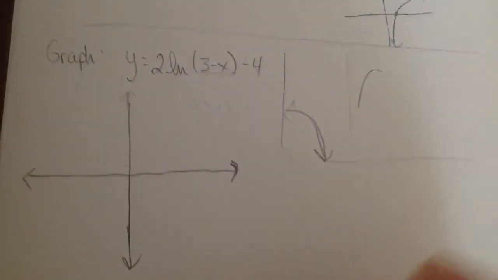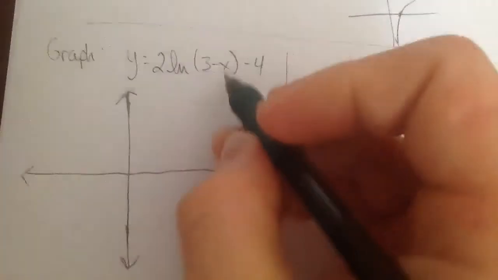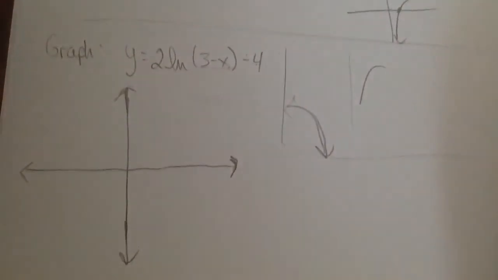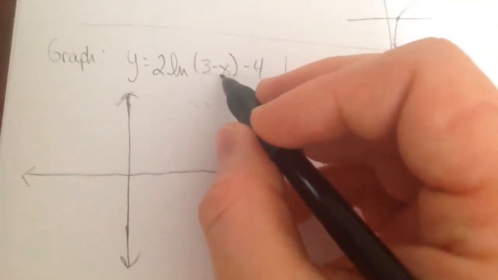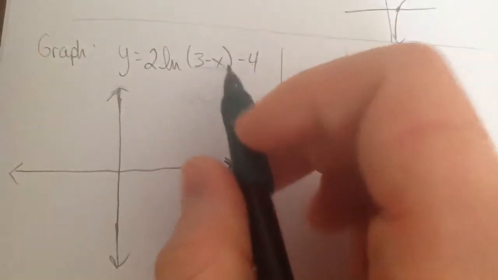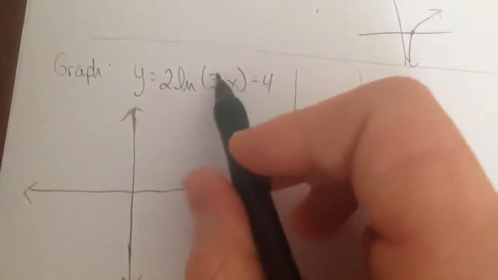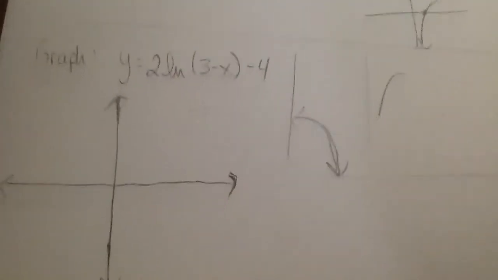Well, think about domain here. Can I plug in any number for x and get an answer for y? I think so. Actually, that's not true, never mind. I can't have a negative number in my parentheses.